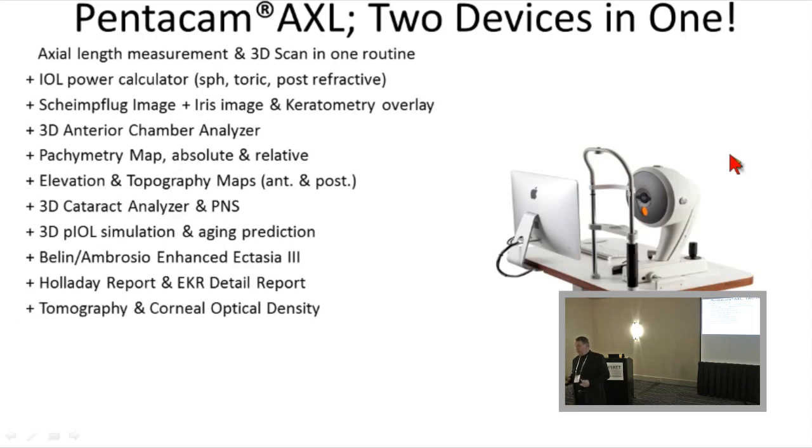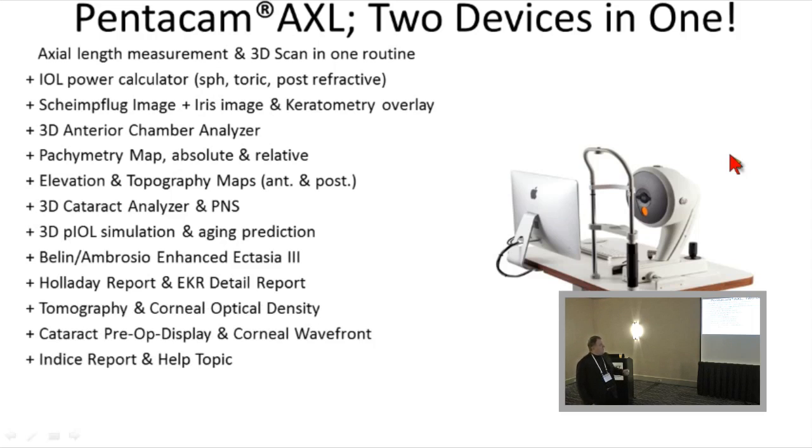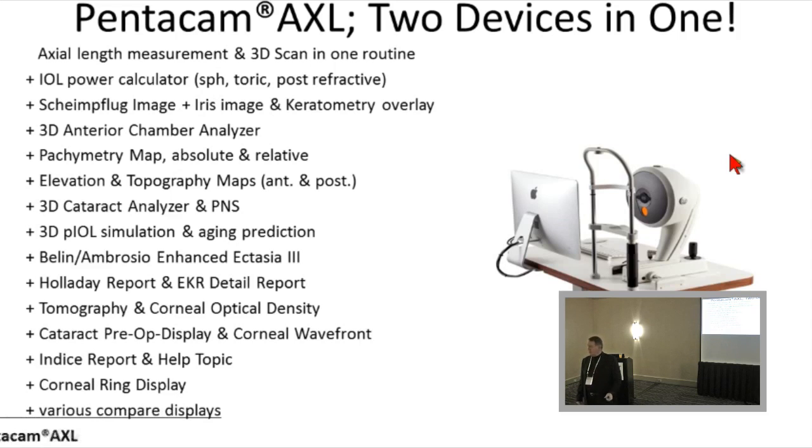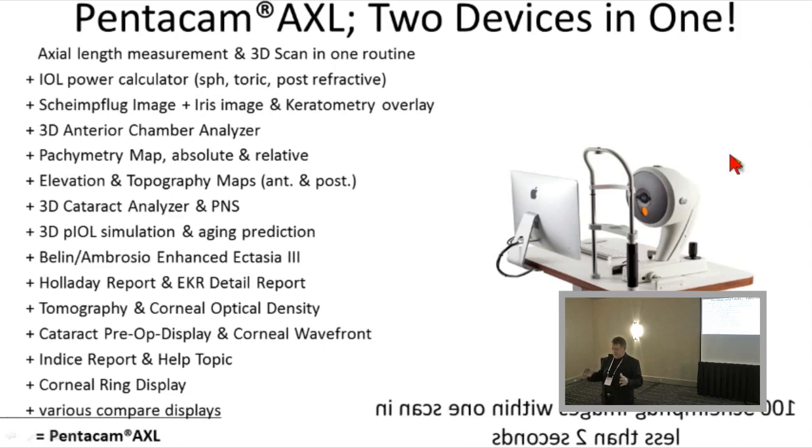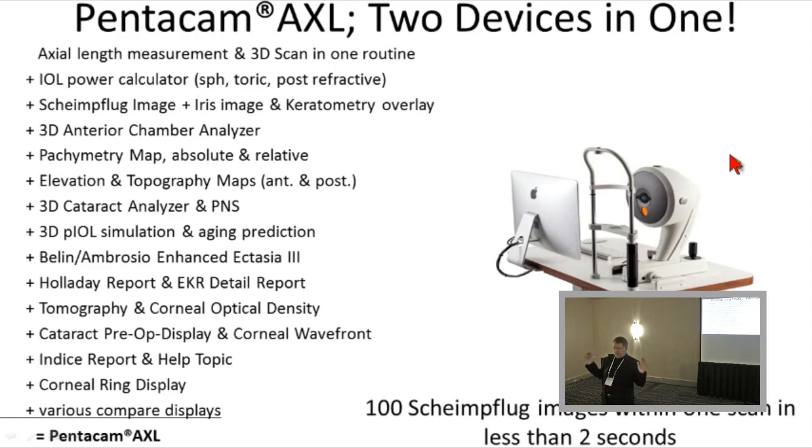But in addition to that, we are also going to have the ability to import from the Pentacam AXL. Now what that means is the AXL is basically an OCT that measures axial length, so you get all the measurements you need with the combination of the Scheimpflug and the OCT for axial length and ACD, and you get everything together.